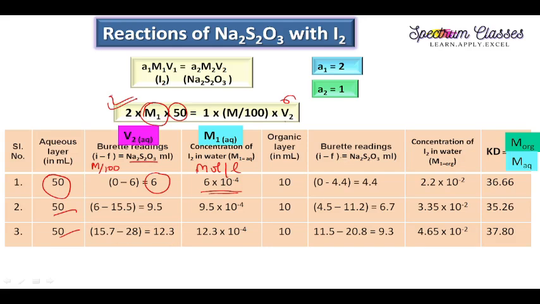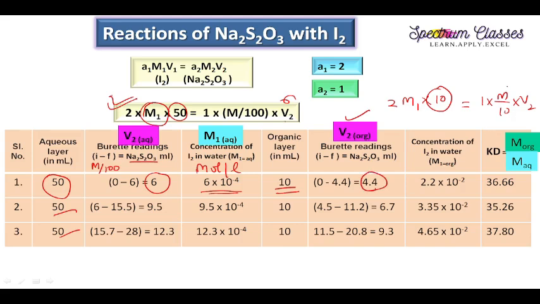Now coming to the organic part. For the organic part, this will be changed to 2M1, and I have taken 10 ml of this, equal to 1 into M/10 into V2. Here V2 is this, 10 ml I have taken, so I have written 10 over here, and this much volume is consumed of M/10 sodium thiosulfate solution.